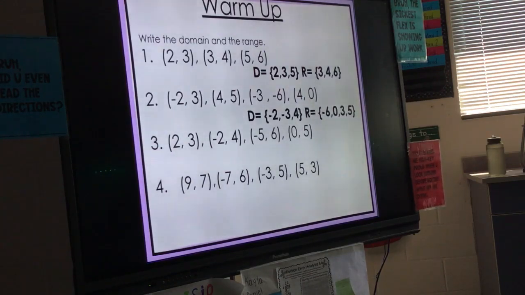Ariana. Yep. And then your range should be -6, 0, 3, 5. So -6, 0, 3, 5 are all your Y values. Doesn't have to be in that order, as long as you have those numbers.